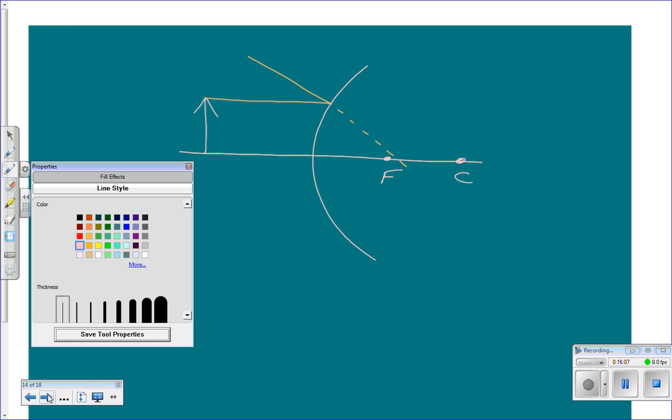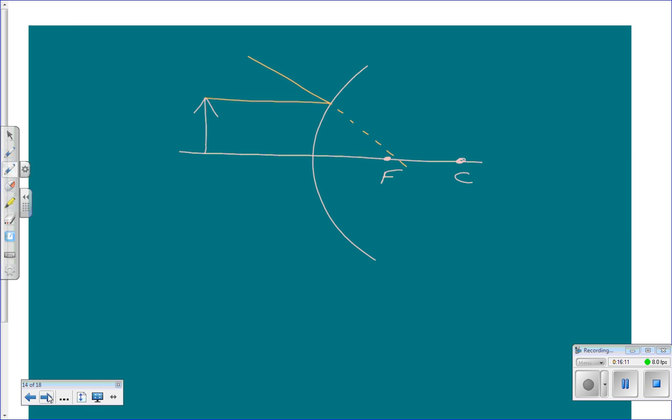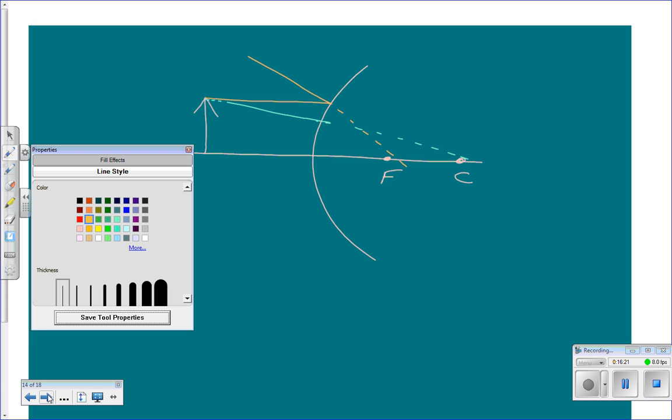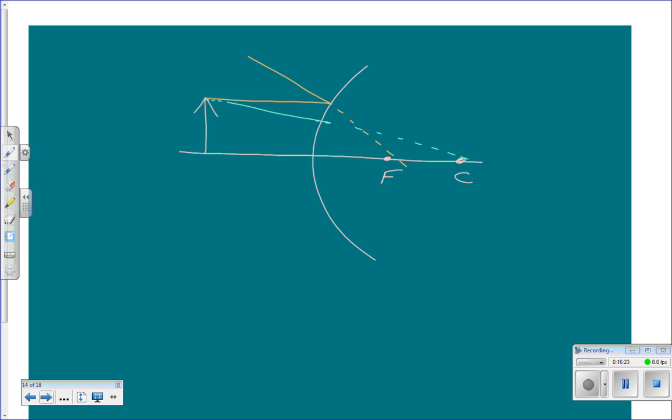Ray 2 is still going to go as if it's going to pass through the center of curvature on the other side. Again, close enough. And ray 3 is going to travel as if it's going to go through the focal point, and it reflects back parallel.